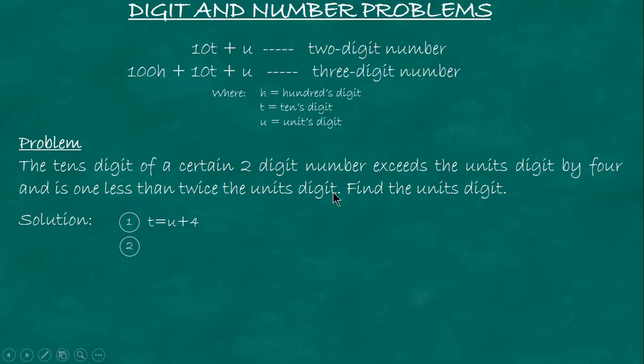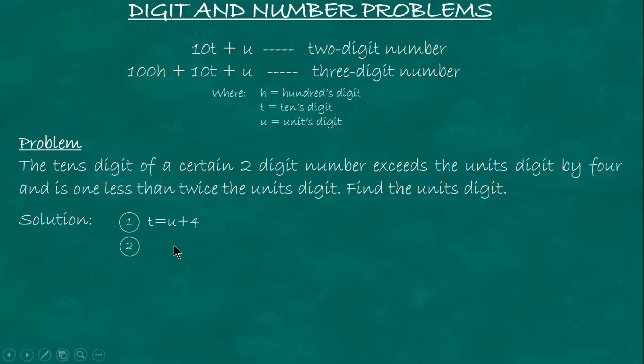So if you multiply the units digit by 2, the result is greater than the tens digit by 1. For example, if your units digit is 3, times 2 is 6, so your tens digit is 5, because it is 1 less than twice the units digit.